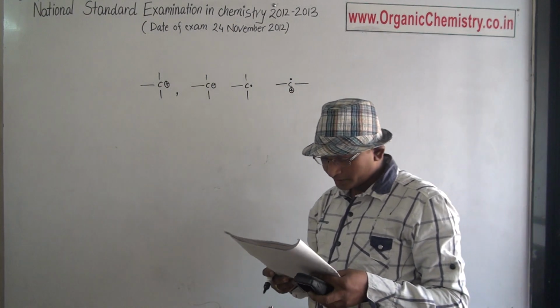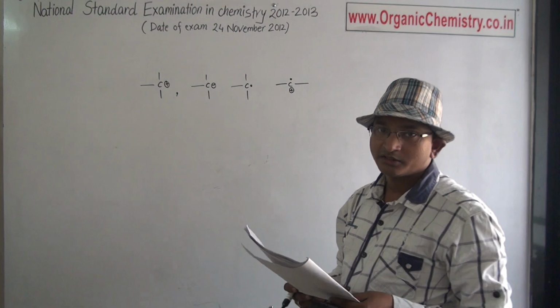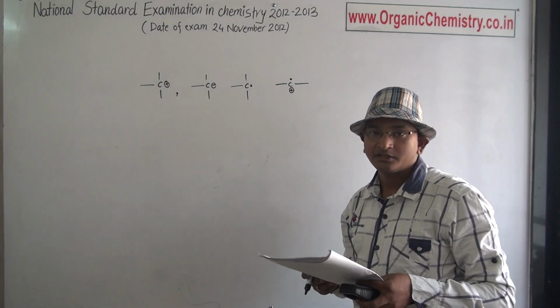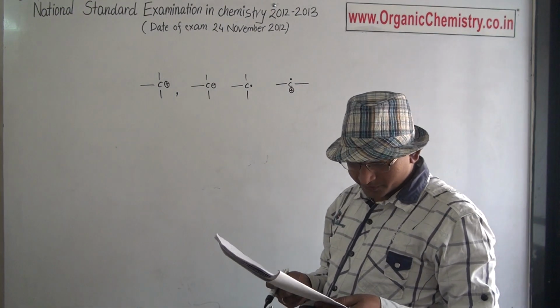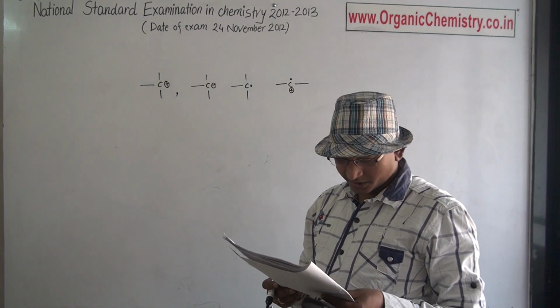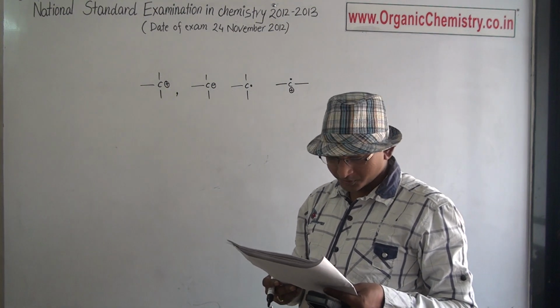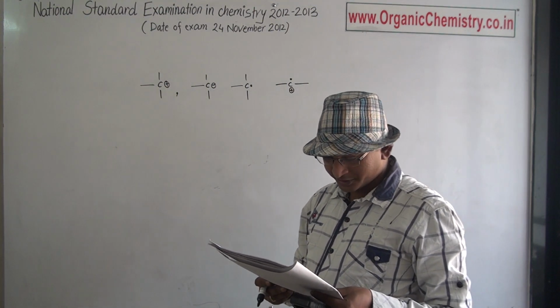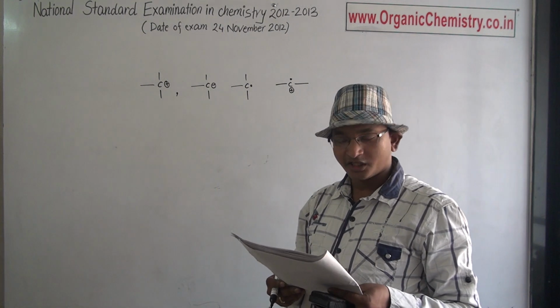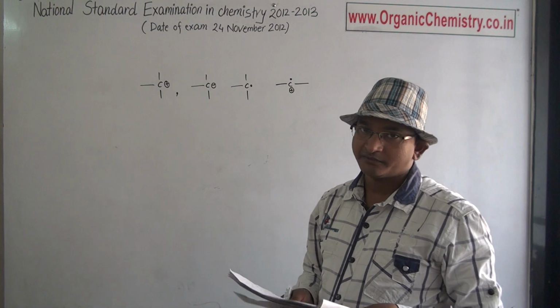They are reactive carbon intermediates. Their hybrid orbitals respectively are... They have asked about the hybridization. The first option is sp2, sp3, sp2, sp. The second option is sp3, sp2, sp, sp2. The third option is sp2, sp2, sp3, sp. And the fourth is sp2, sp2, sp and sp3.